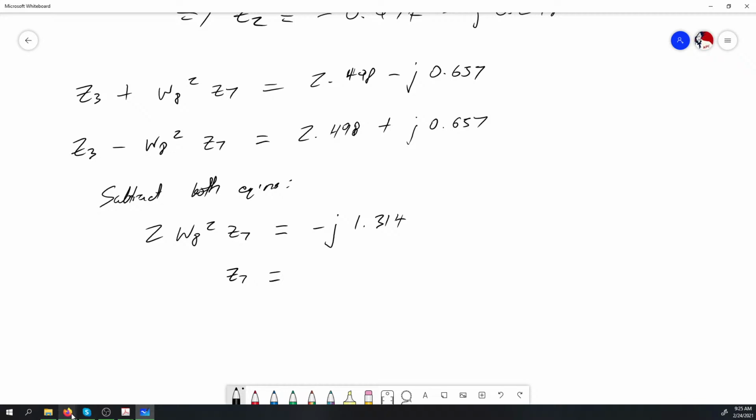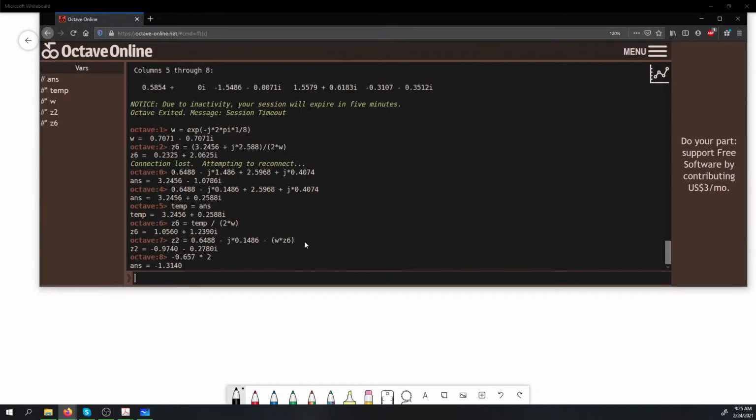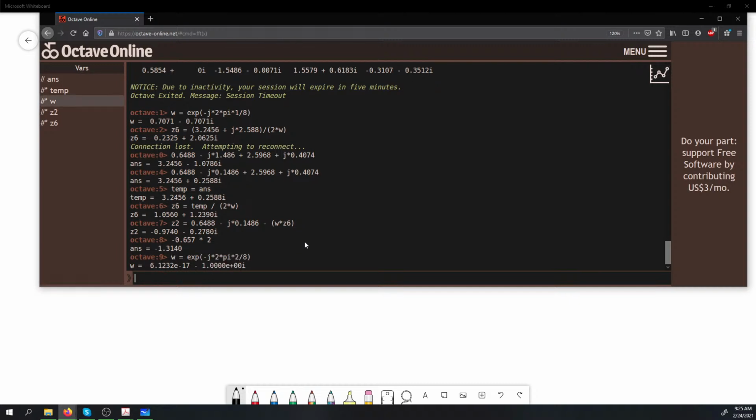And let's use Octave here to help us out a little bit. So we want to be calculating for W here, with exponent of minus j by 2 pi by, this is W8 of 2, so this is 2 divided by 8. Get our W value here. That's fine, because it's just an approximation.